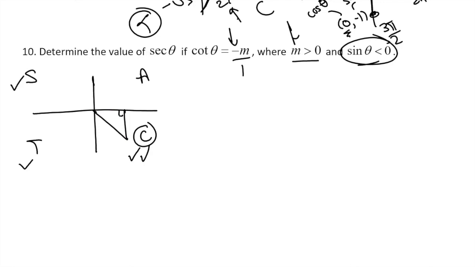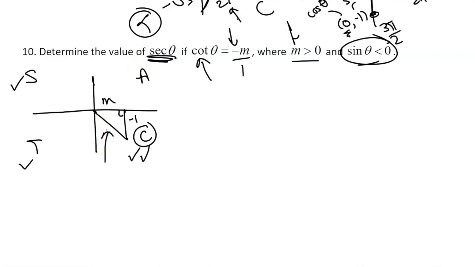And then from there, we could say, well, cotangent is adjacent over opposite. So adjacent is our m, and opposite is right here. There's our 1, and we know our 1 is negative, and that's how we came up with our negative m ratio. And so what we want to be able to do from this is they want to find out the value of secant. And in order to find out secant, we need to know what the hypotenuse is right here.